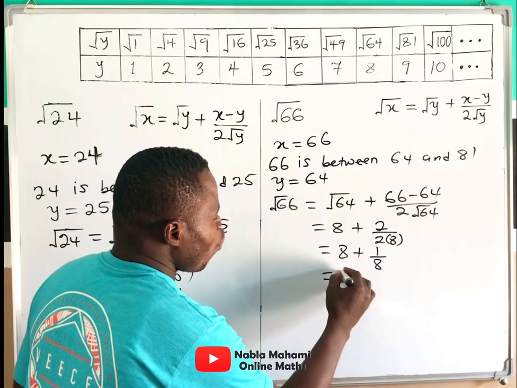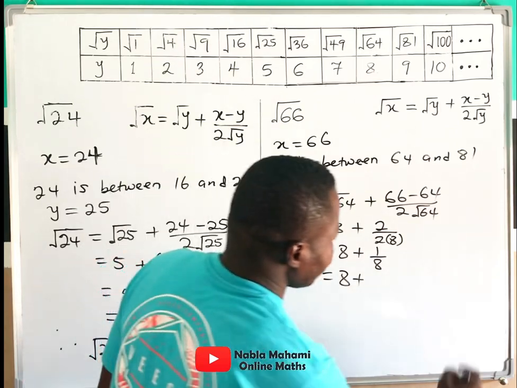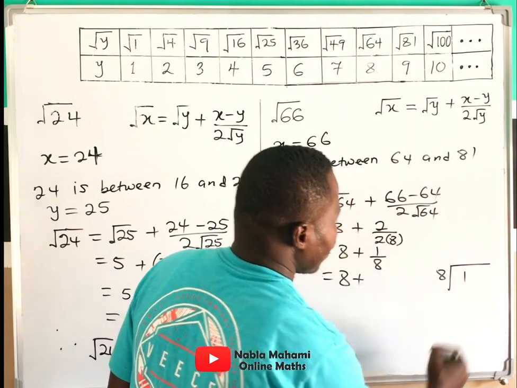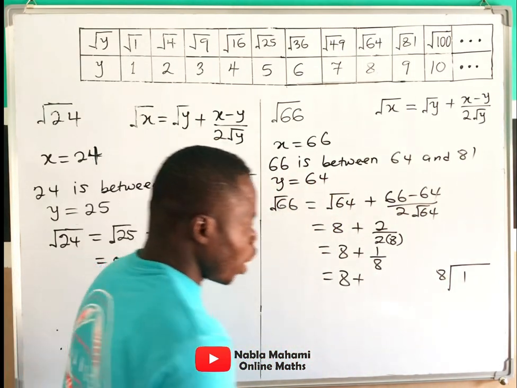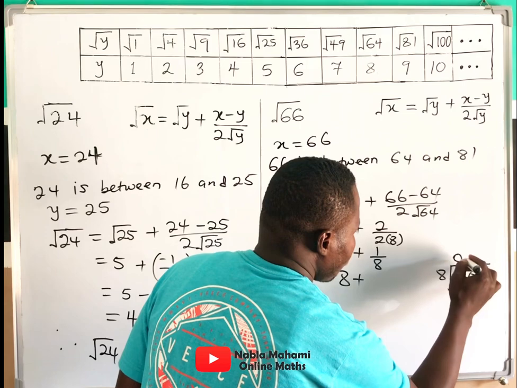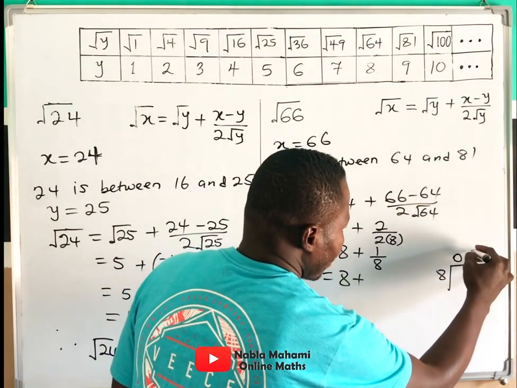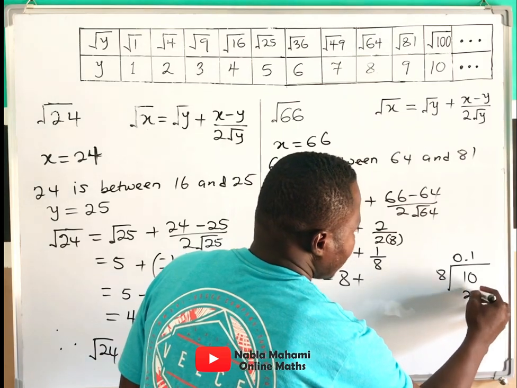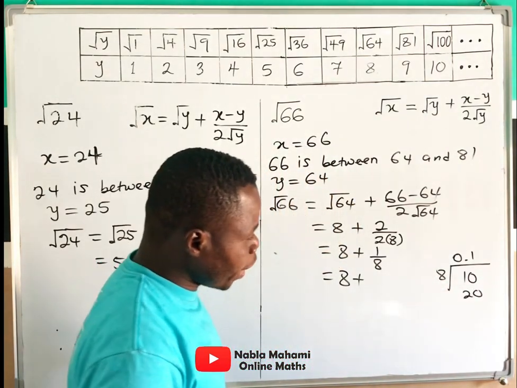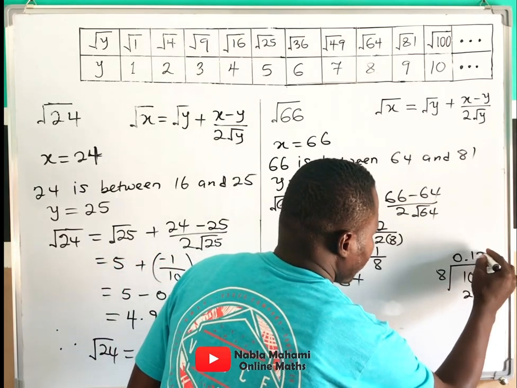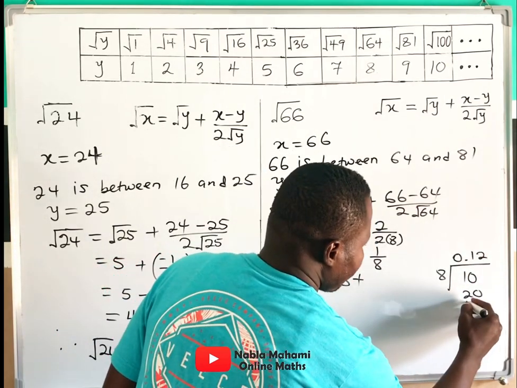Then to find the value of 1 over 8, let me use the long division method here. So here will be my 8 and here will be 1. But you know that 1 cannot divide by 8. So what I'll do is add 0 to this and write 0 point. How many times will 8 go into 10? That is 1, remainder 2. So I'll add 0 to the 2 to make it 20. How many times will 8 go into 20? 2, remainder 4, that is 2 times 8 is 16. So the remainder is 4. I'll add 0.